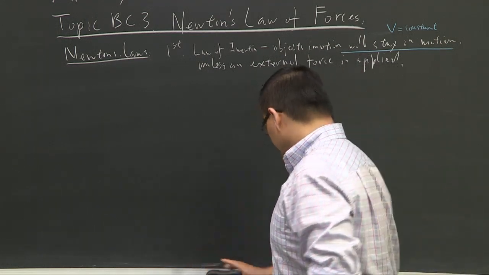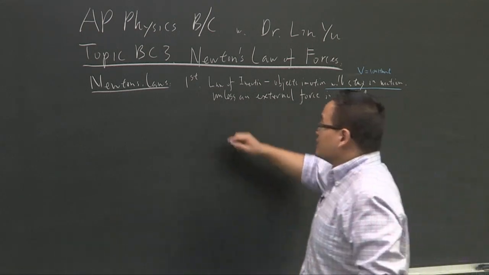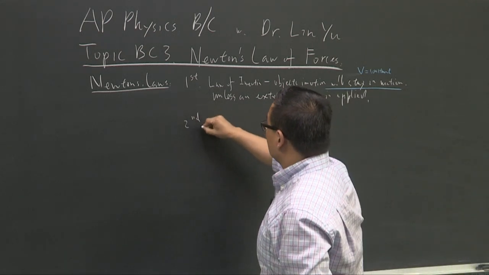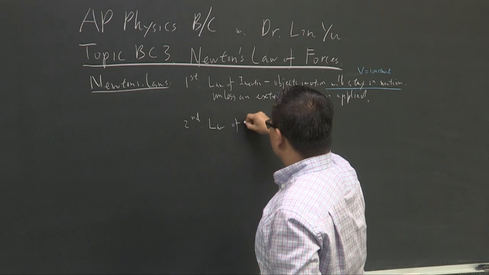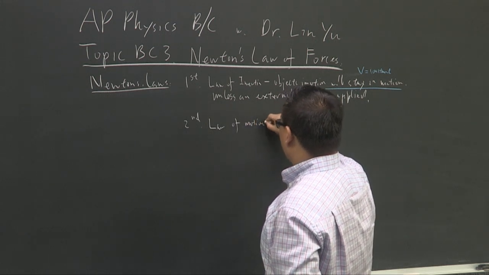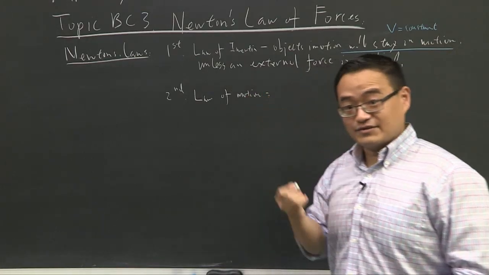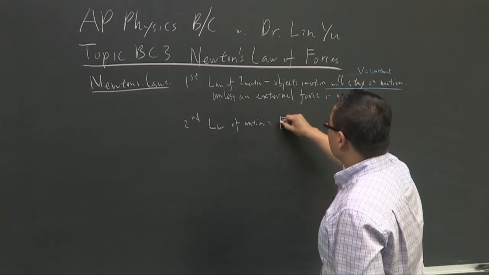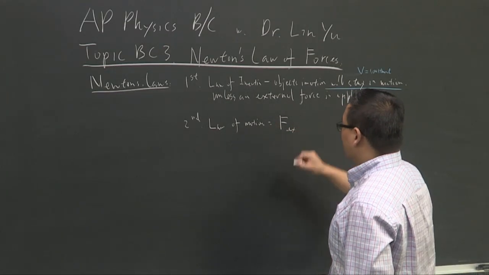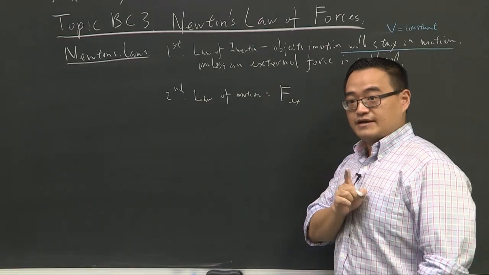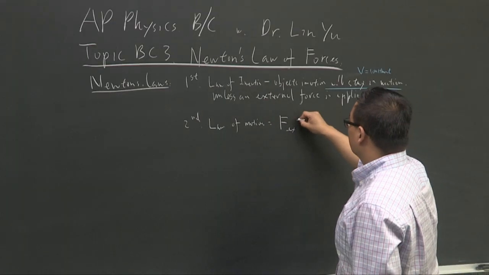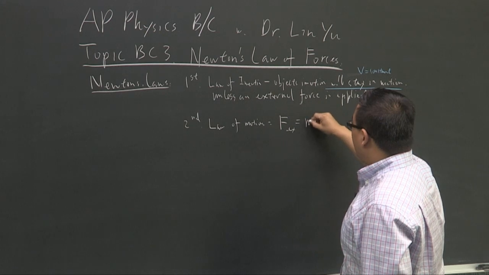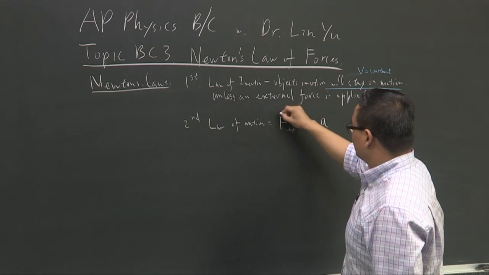So the second law, the law of motion, which is the one everyone memorizes, says: force, and I like to say external force, keep that in mind, is equal to mass times acceleration.